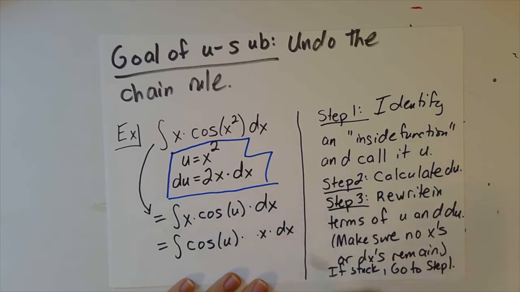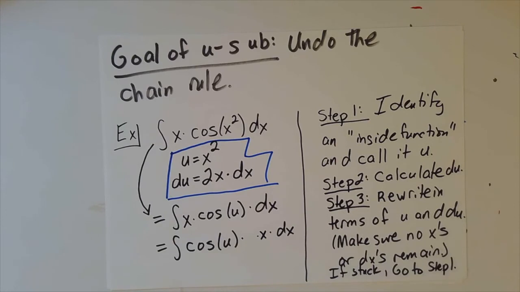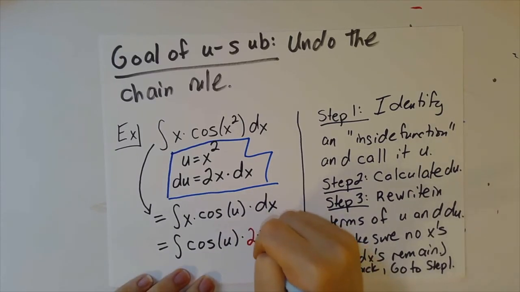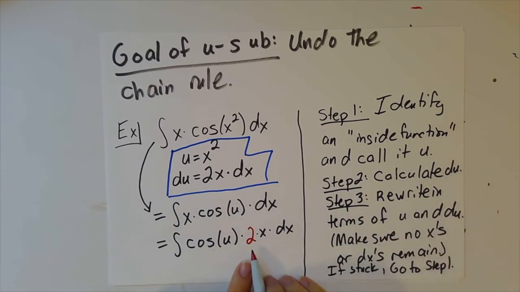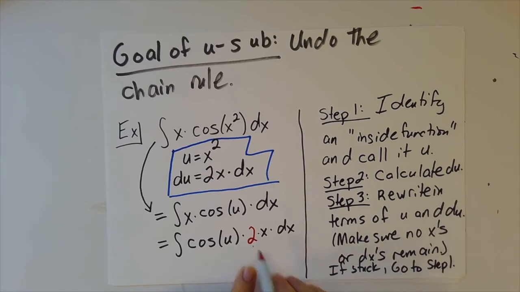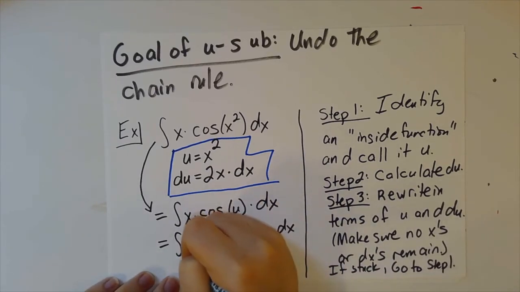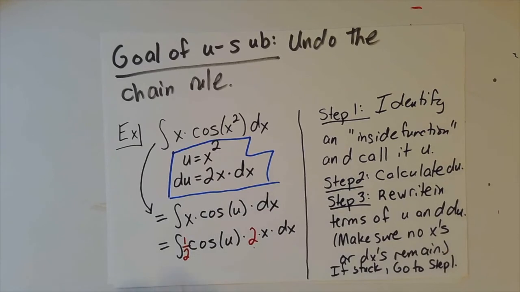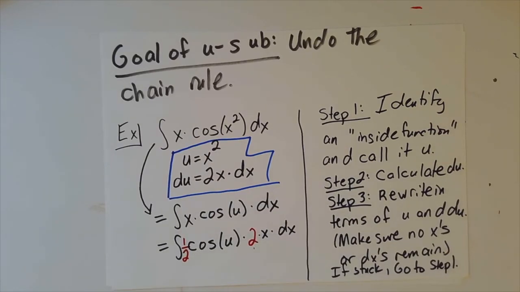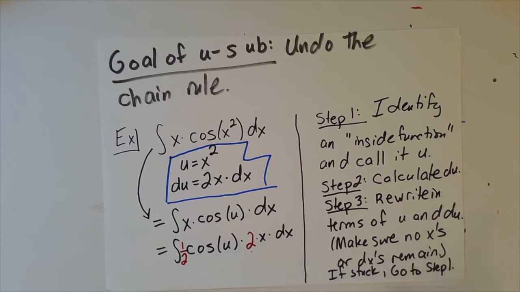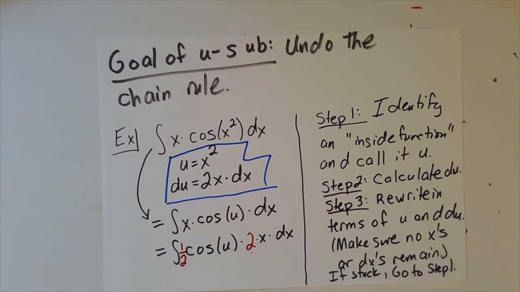And so I've just rewritten this, but again, I need a 2. So I am going to just put a 2 here, except if I do that, I've now changed the thing I'm integrating. So to stop from changing the thing I'm integrating, I'm going to put a 1/2 up front. So what did I do here? I multiplied by 1/2 and by 2, which is the same as multiplying by 1, which is the same as doing nothing.